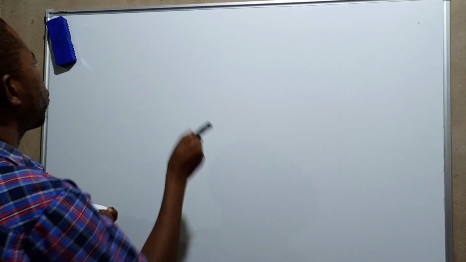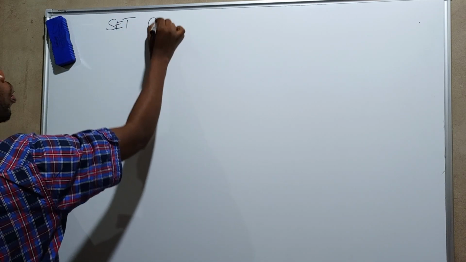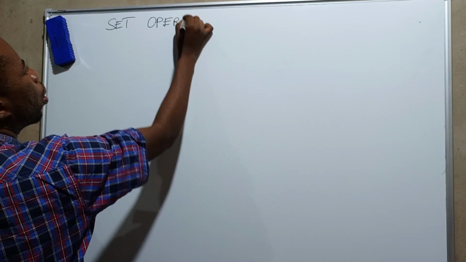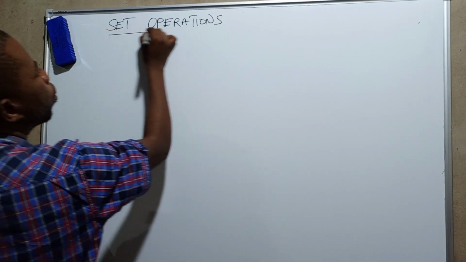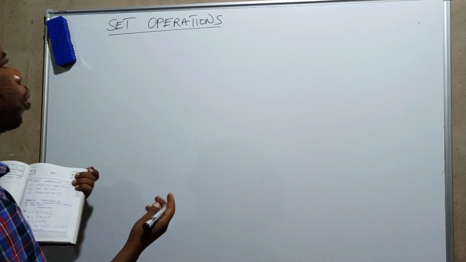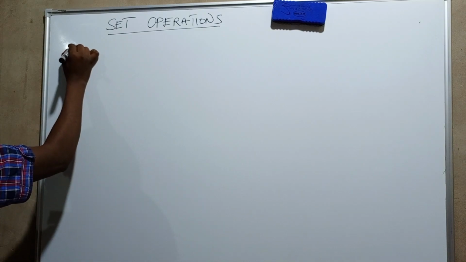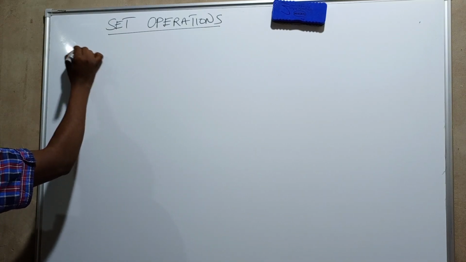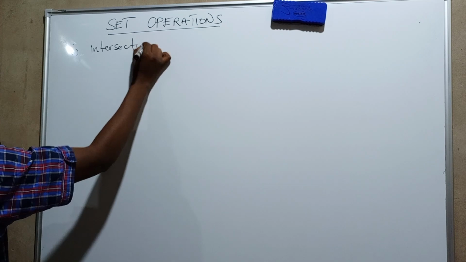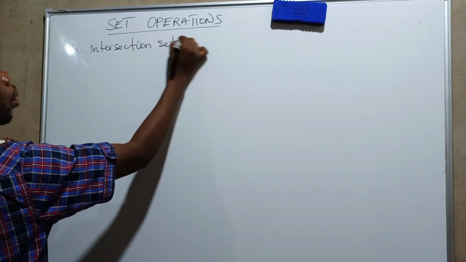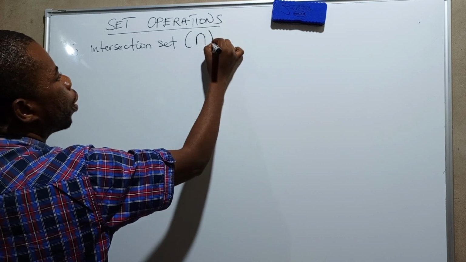So we are going to look at set operations. When we talk of set operations, we are talking of what we call the intersection set, represented by a big symbol like this.